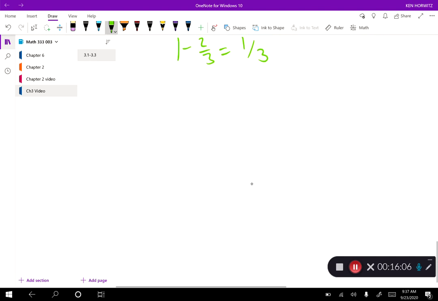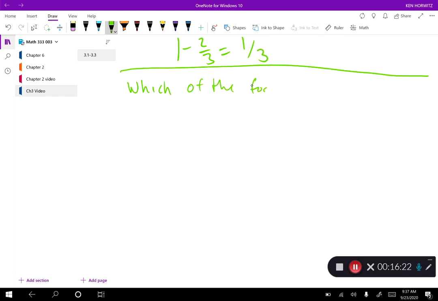All right. So here I have a choice. Which of the following are probability distribution functions?